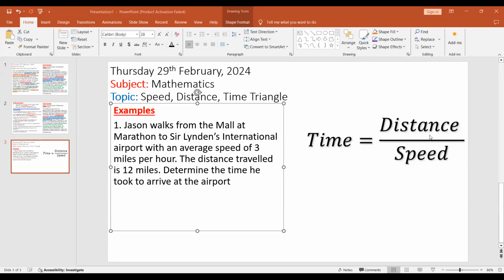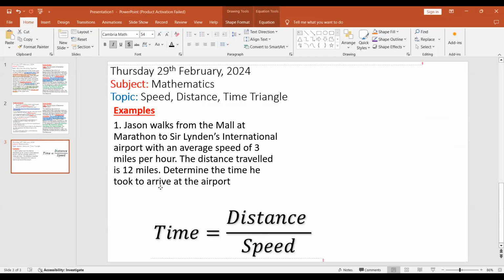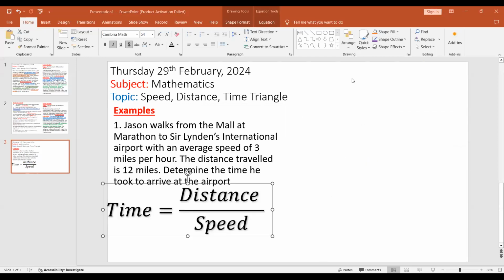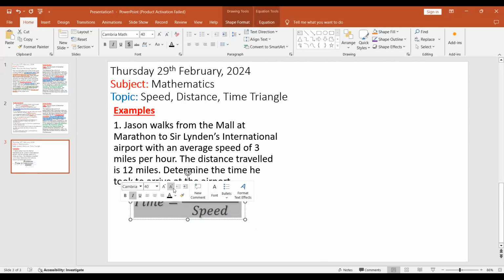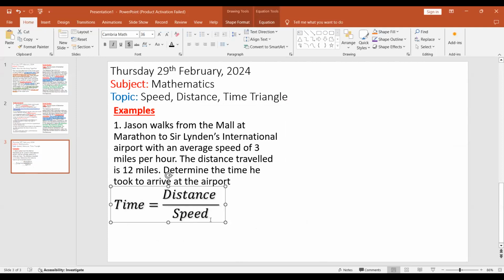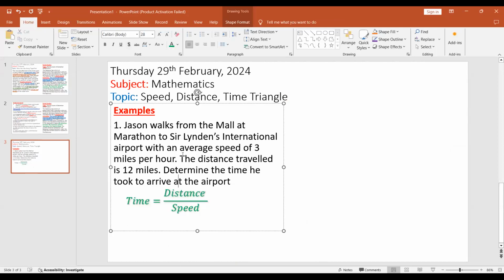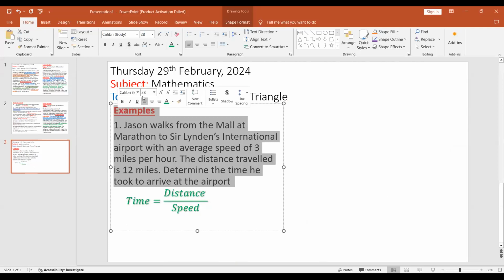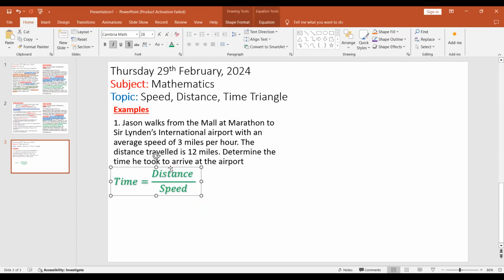What do we have to do in order to figure out the time taken? Distance divided by speed. So let's put this formula over here, distance over speed.